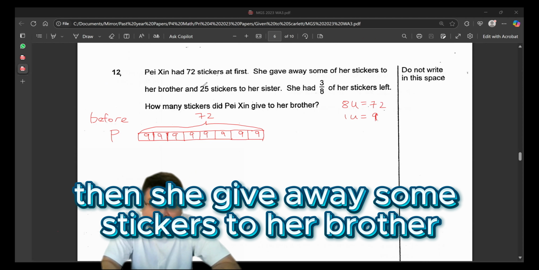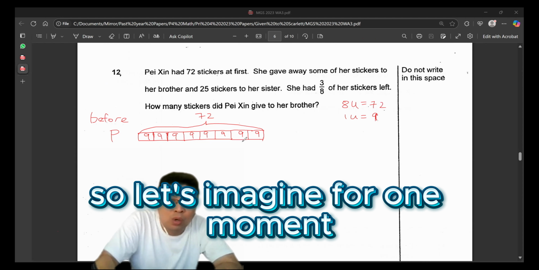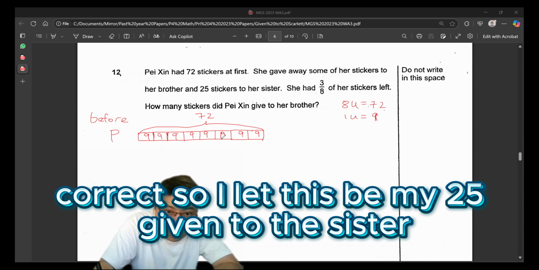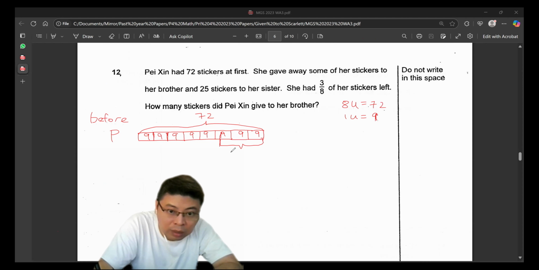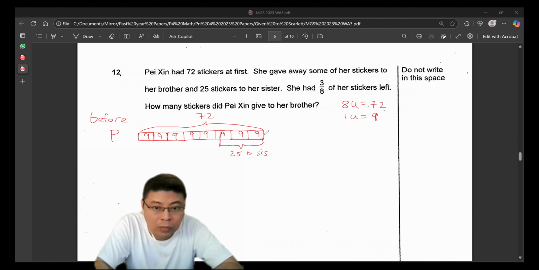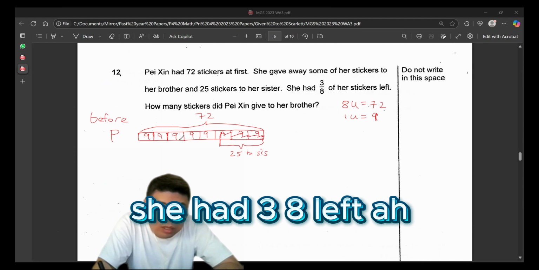Then she gave away some stickers to her brother, 25 stickers to her sister. So let's imagine for one moment, 25 is less than 27, right? Correct. So I let this be my 25 given to the sister. She had 3/8 left.